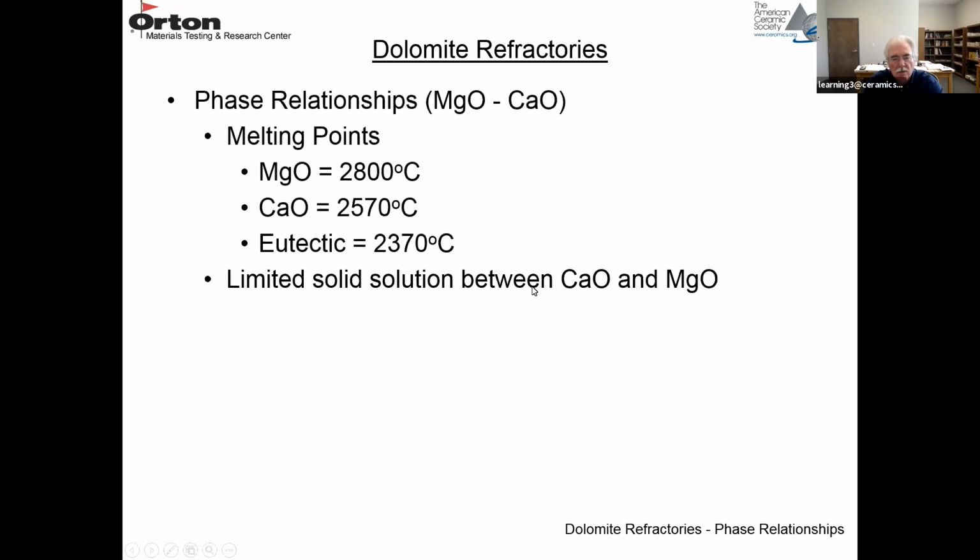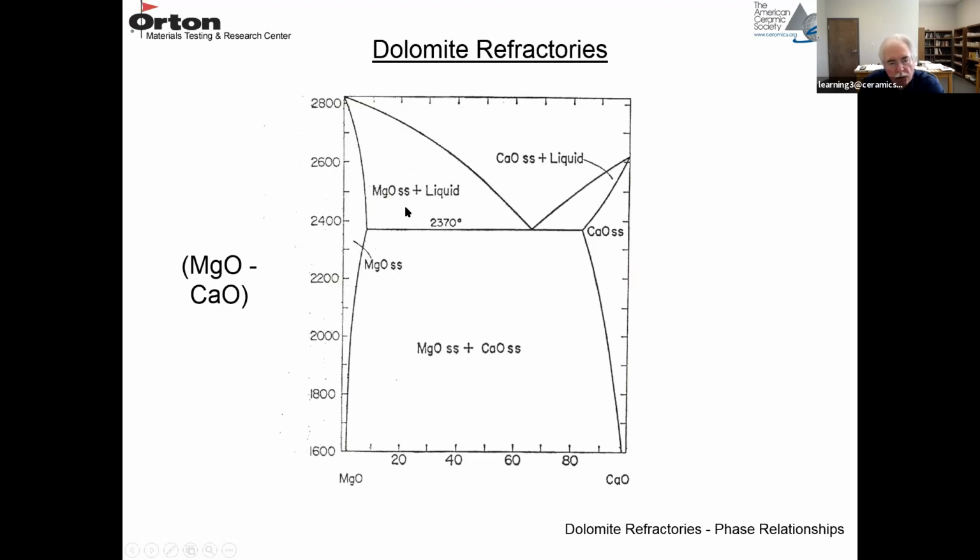So this is the phase diagram that we showed, 100% MgO and 100% CaO with temperature in degrees C. And these regions on each side of the phase diagram are the solid solution regions.